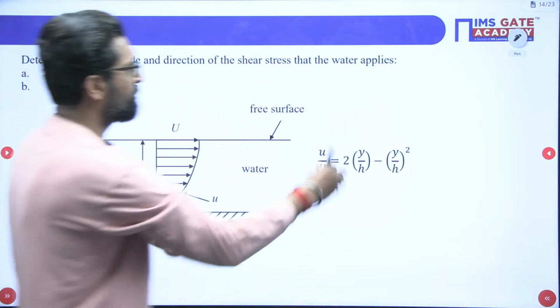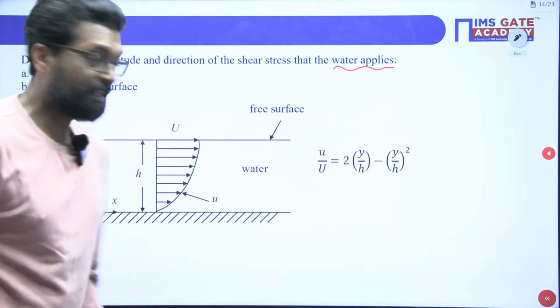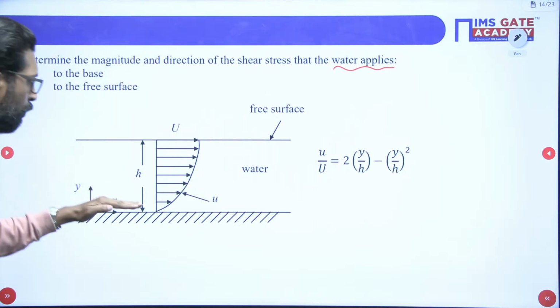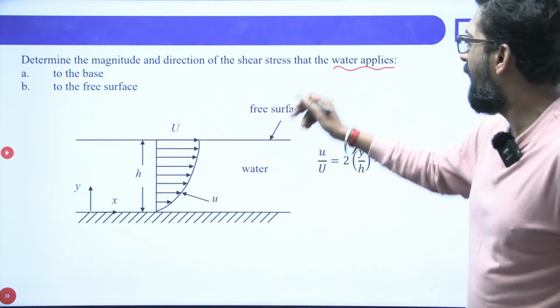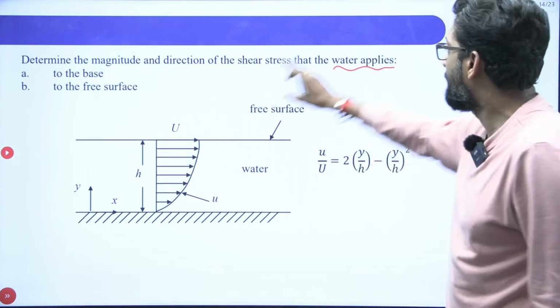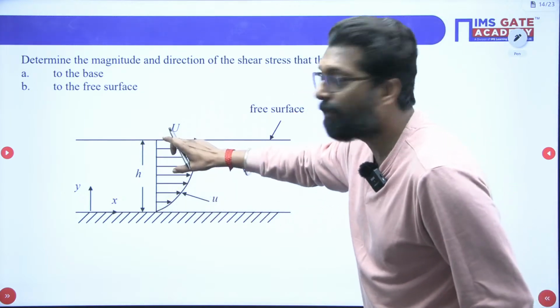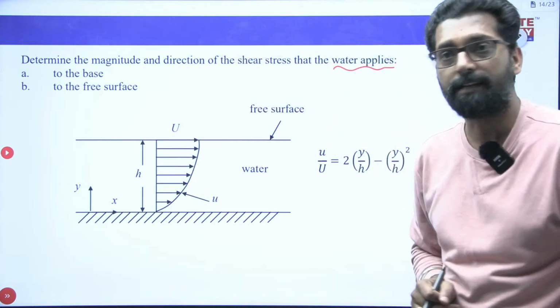That means our system is water, and water applies shear stress to the base and to the free surface. So we have to find the shear stress and also its direction.